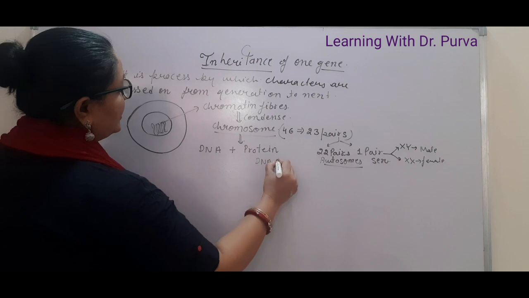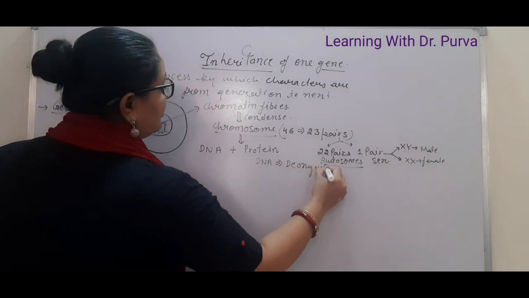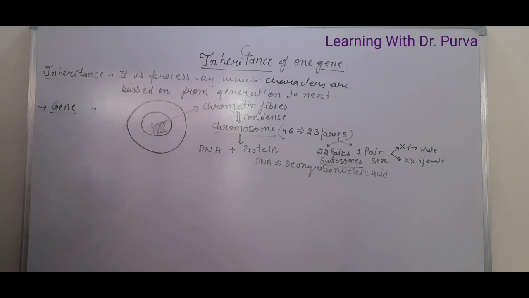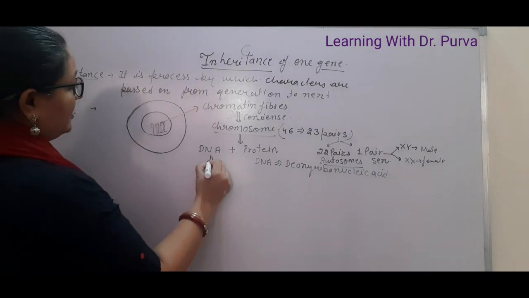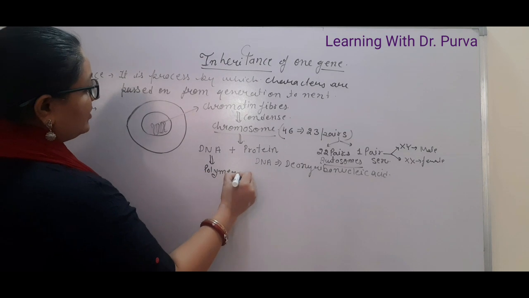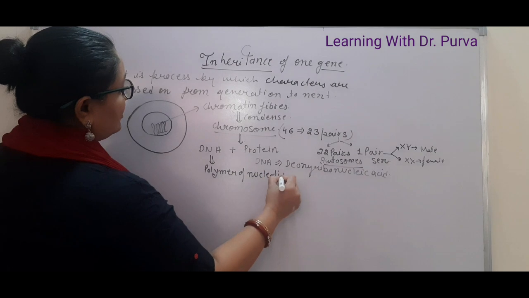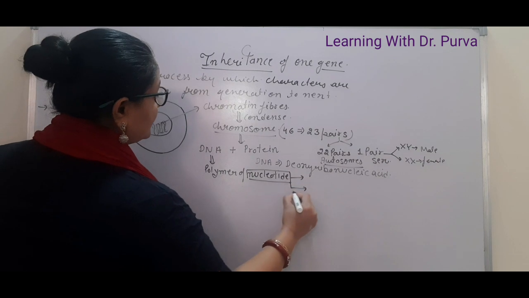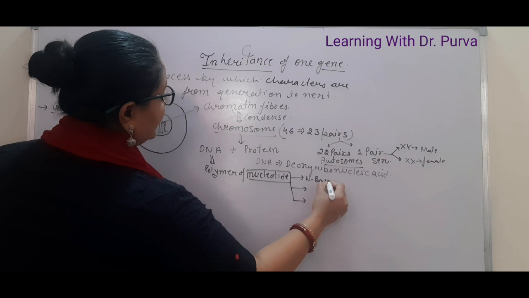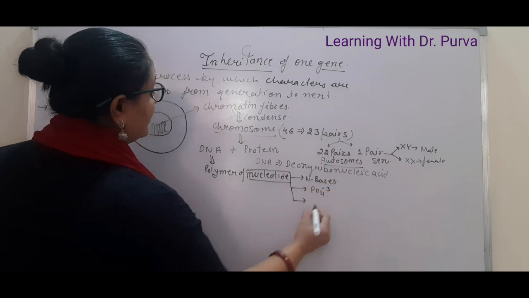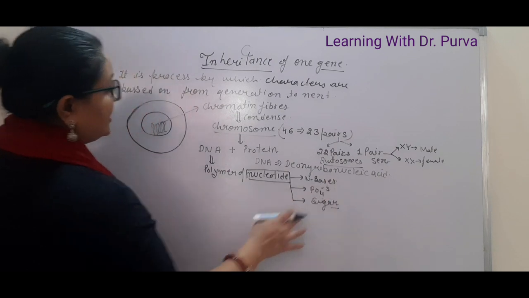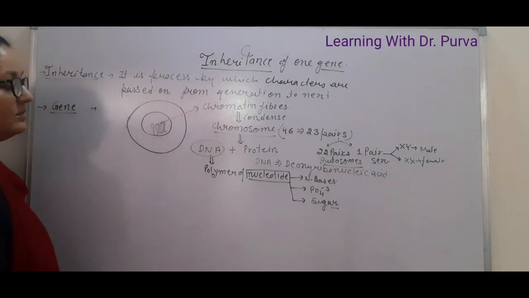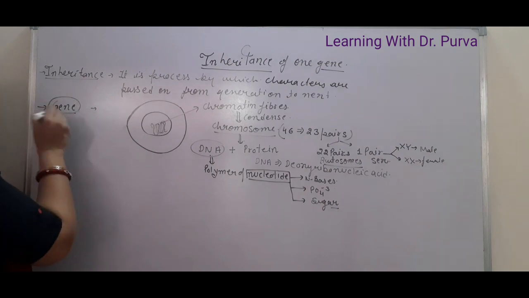The full form of DNA is deoxyribonucleic acid, and this DNA is a polymer of nucleotides. A nucleotide is basically made up of 3 compounds: first is the nitrogenous base, second is phosphate, and third is sugar. These three together make one nucleotide, and many nucleotides together make a DNA. So we are understanding the gene.